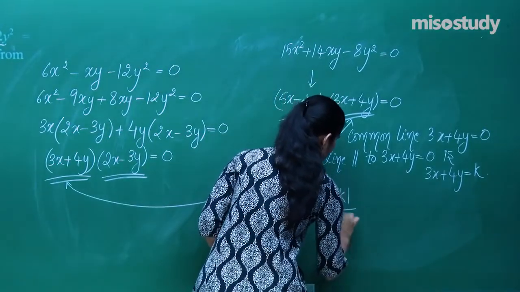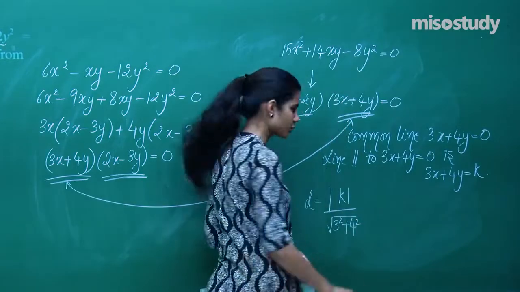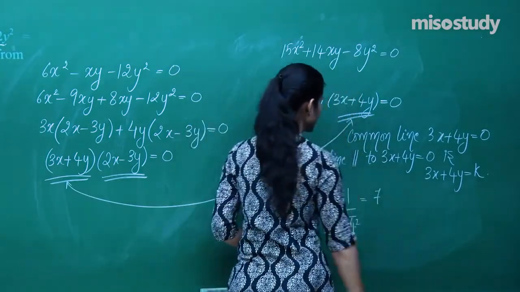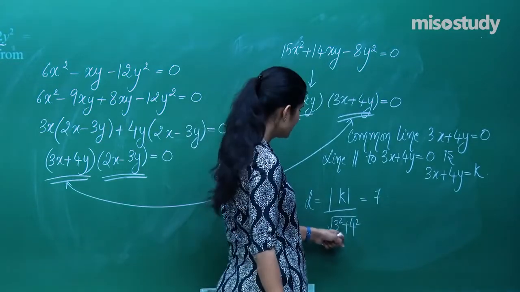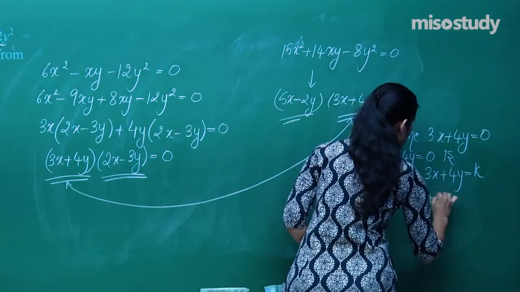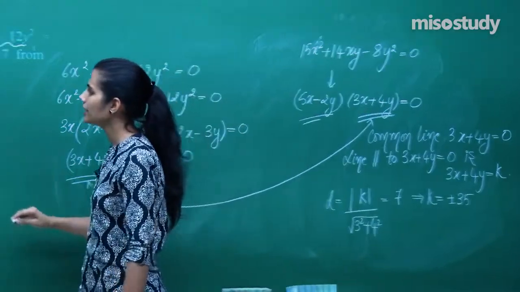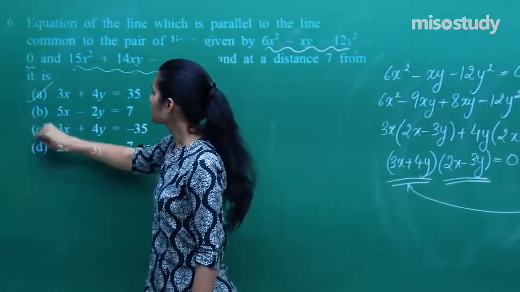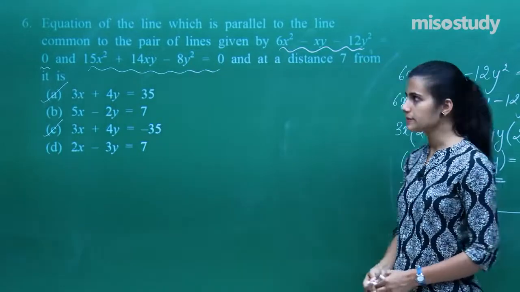Mod k upon root over 3 square plus 4 square, and the distance is given as 7. This becomes 5, and 7 into 5 is 35. So k comes out to be plus minus 35. So 3x plus 4y equals 35 and 3x plus 4y equals minus 35. Both are the required equations.